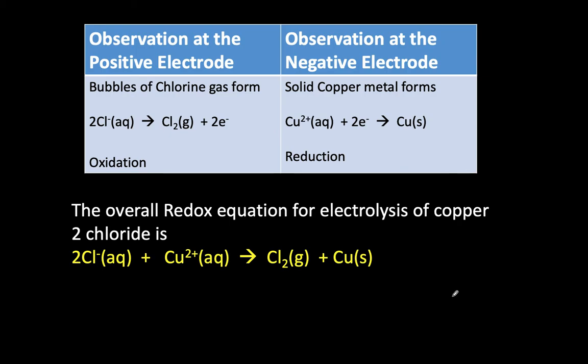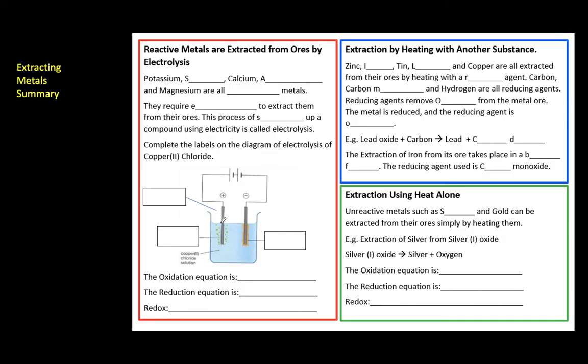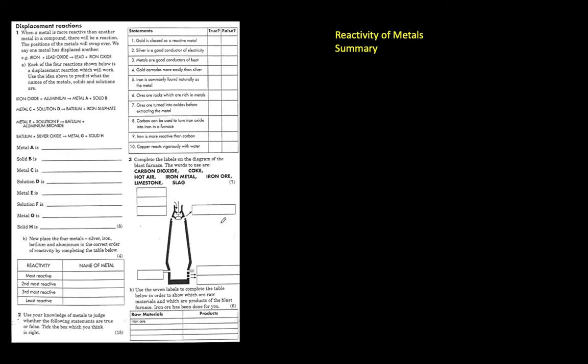And our overall redox equation for the electrolysis of copper chloride is 2Cl- plus Cu2+ gives Cl2 gas and copper metal. What you should do now to summarise this lesson is complete your extracting metals summary by filling in the blank spaces.